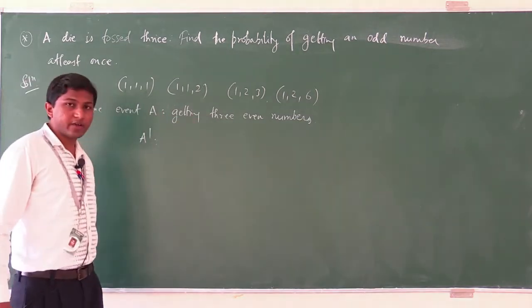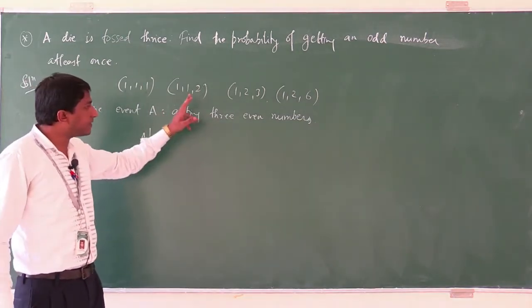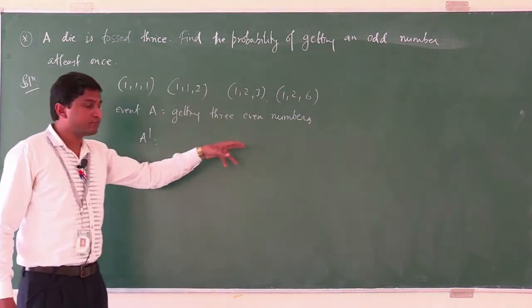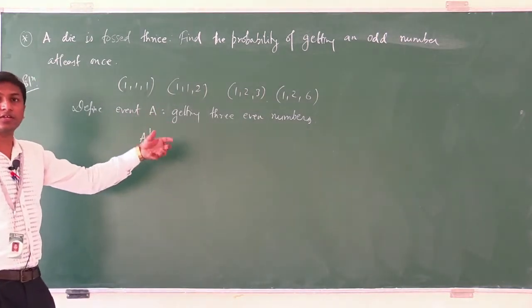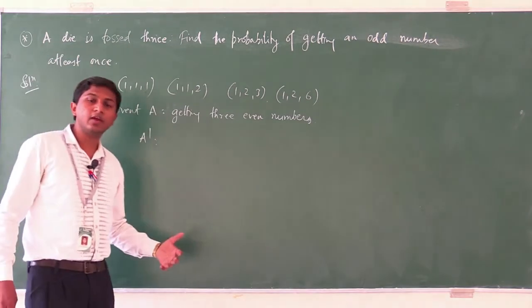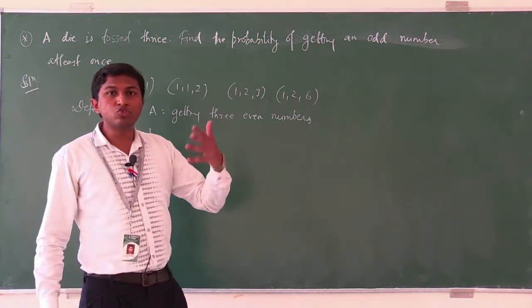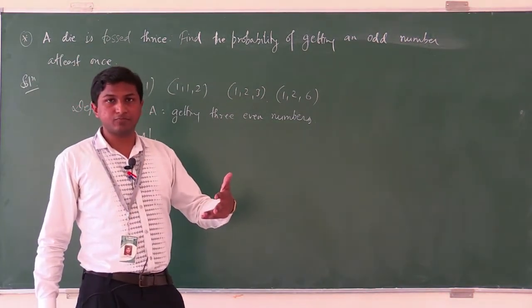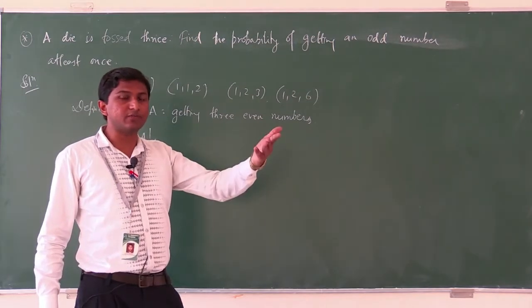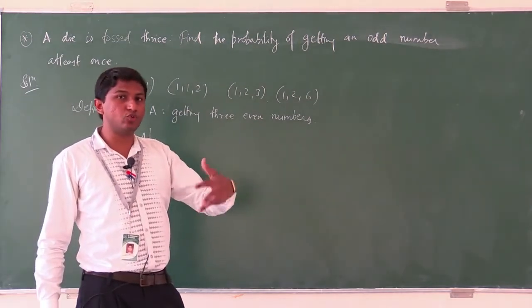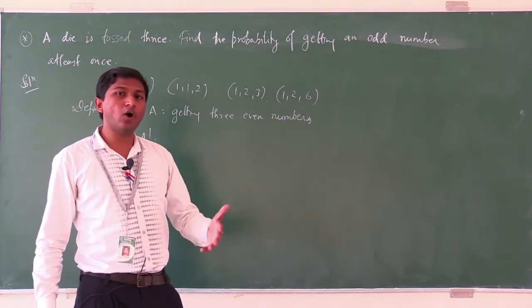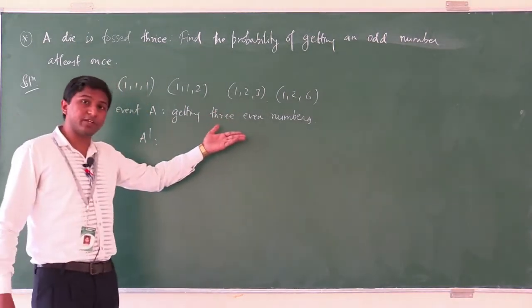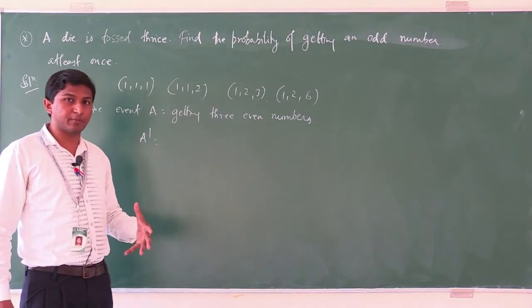Event A is getting 3 even numbers, so event not A is not getting 3 even numbers, meaning getting 2 even numbers, or getting 1 even number, or getting 0 even numbers, or no even numbers, right?